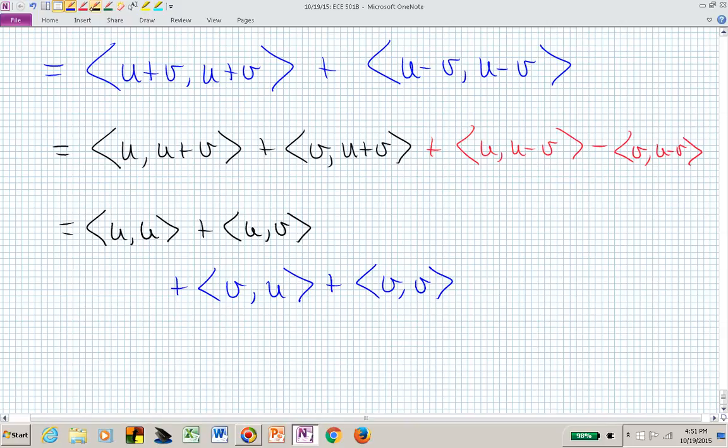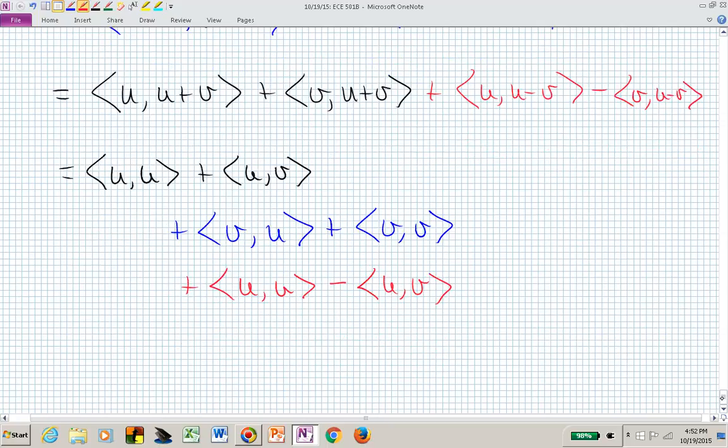Then the third piece becomes u with u minus u with v. And finally, the last piece becomes minus v with u minus a minus v with v.